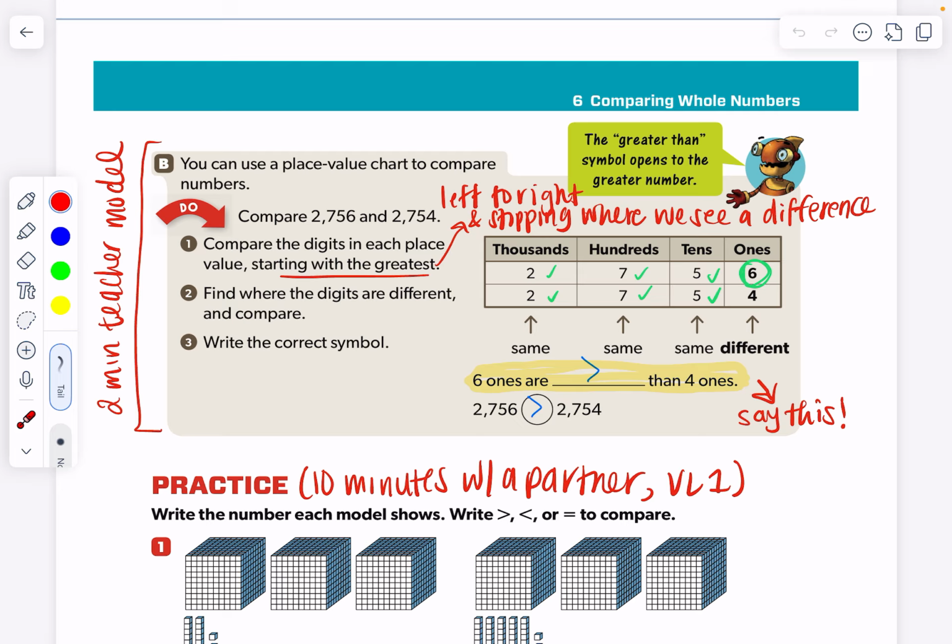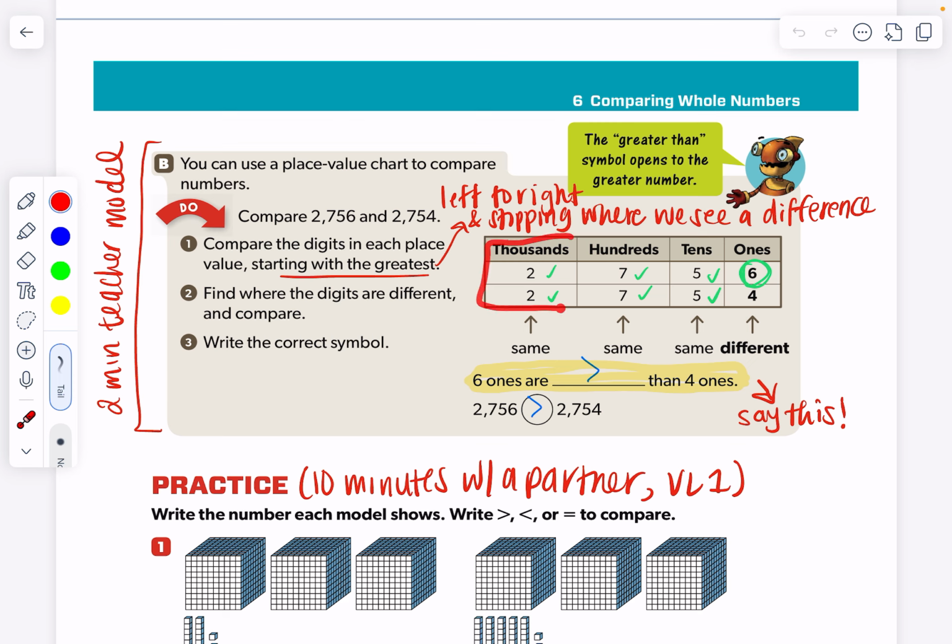However, for today's lesson, students will have to physically write the number in the place value chart in order to compare. So we will always compare starting with the greatest place value. In this case, it's the thousands place. Always start on the left-hand side when you are comparing numbers.